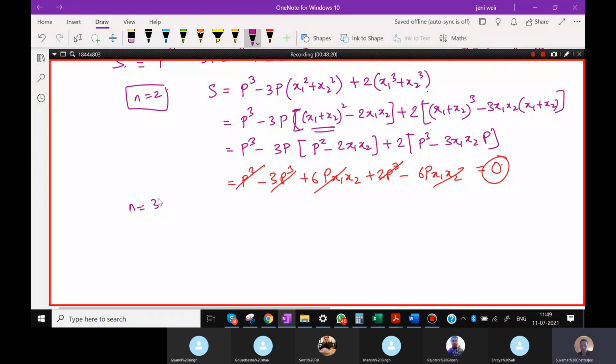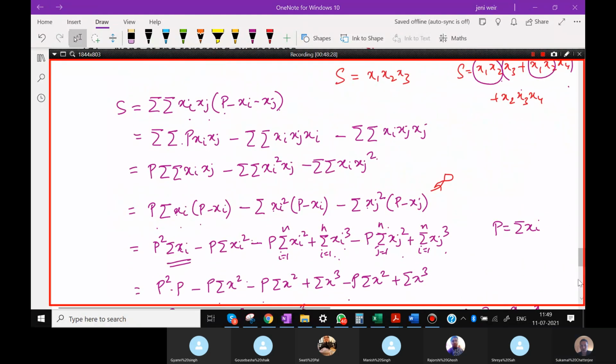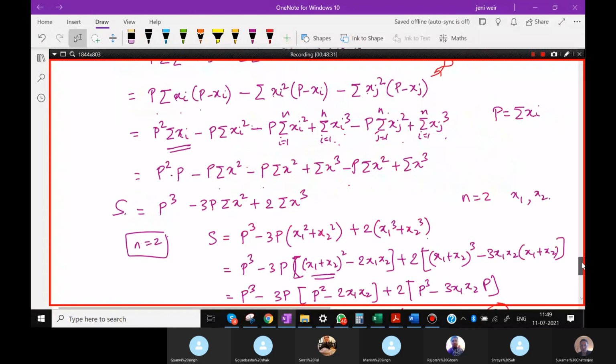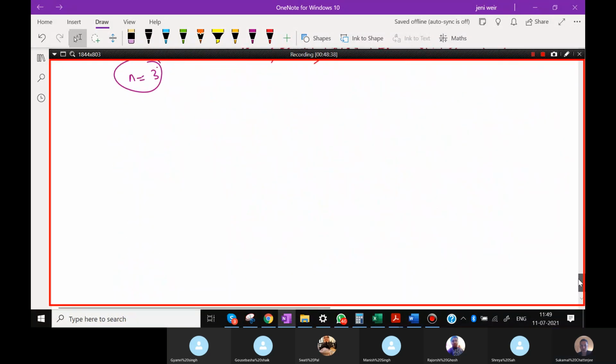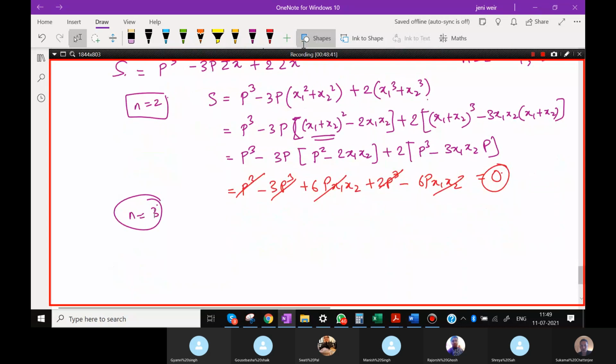So for n equal to 3, my S was p cube minus 3p sigma x square plus 2 sigma x cube.